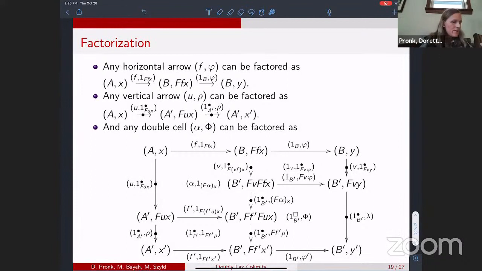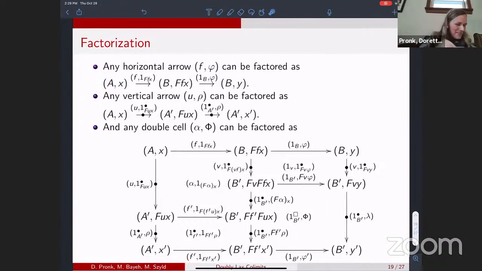What's crucial here, and also crucial for the colimit, by the way, is the fact that our horizontal arrows can be factored, as one knows, into a vertical arrow with a Cartesian arrow. Let's think Cartesian, and vertical, by the way, that is vertical in the fibration sense, not in the double category sense. Sorry, I just realized this can be confusing.